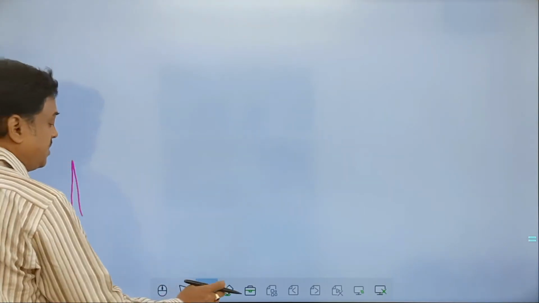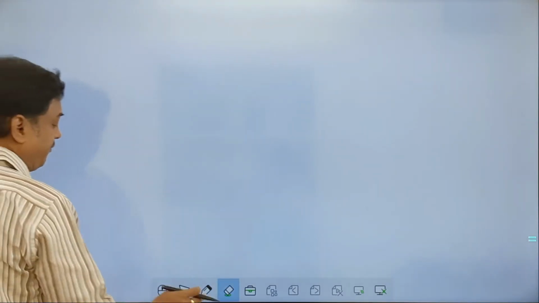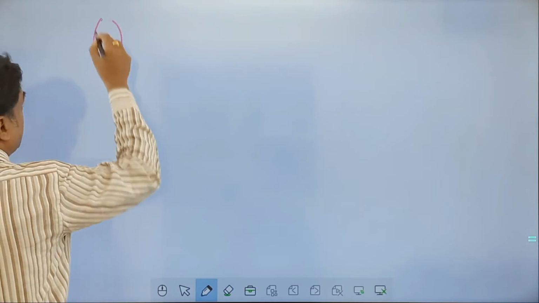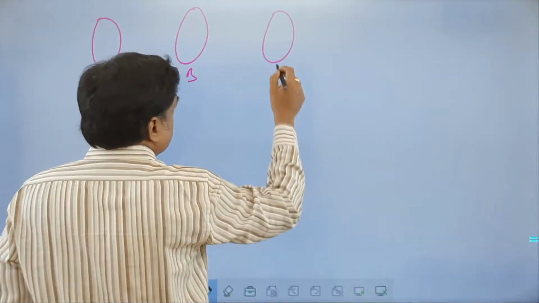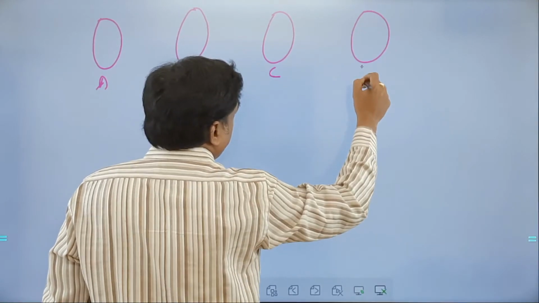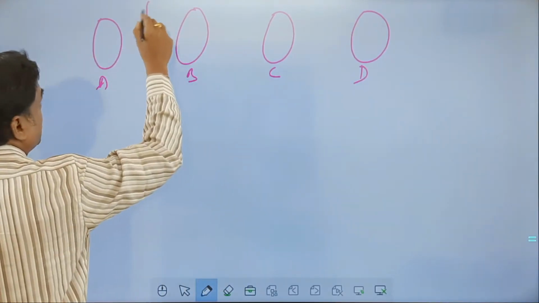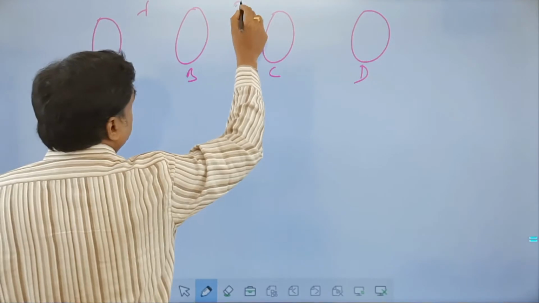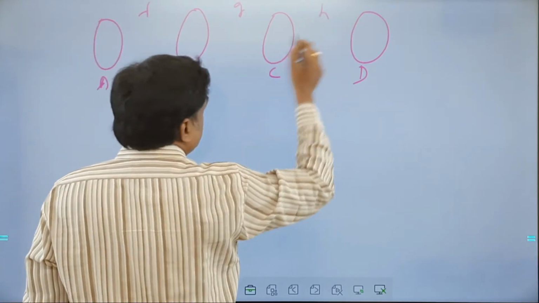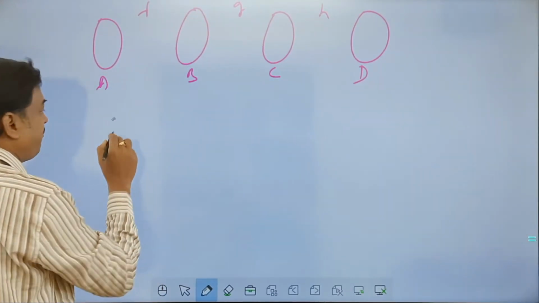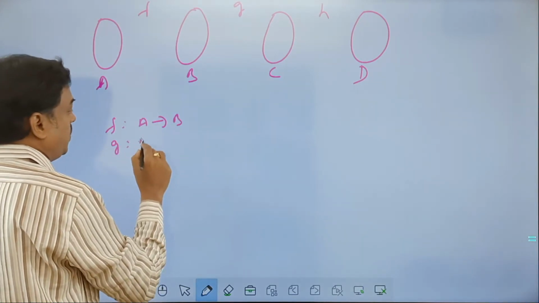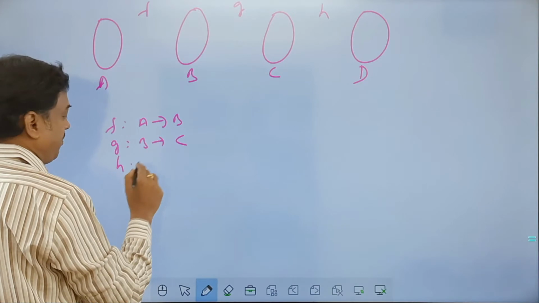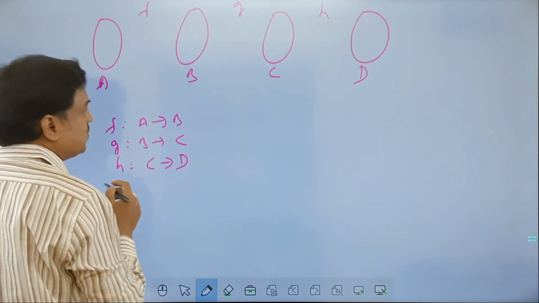Now, imagine you have something like set A, set B, set C and set D. This is function F between A and B, G between B and C, H between C and D. So F mapping between A to B, G mapping between B to C, H mapping between C to D is what you have.